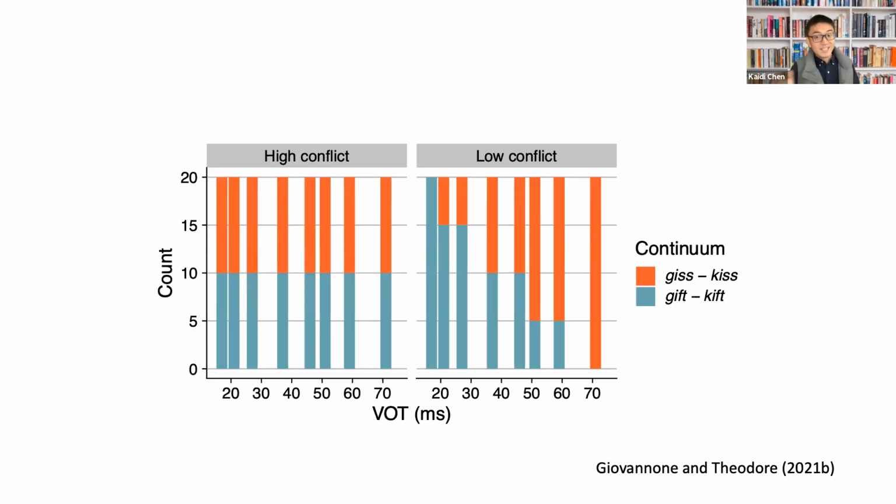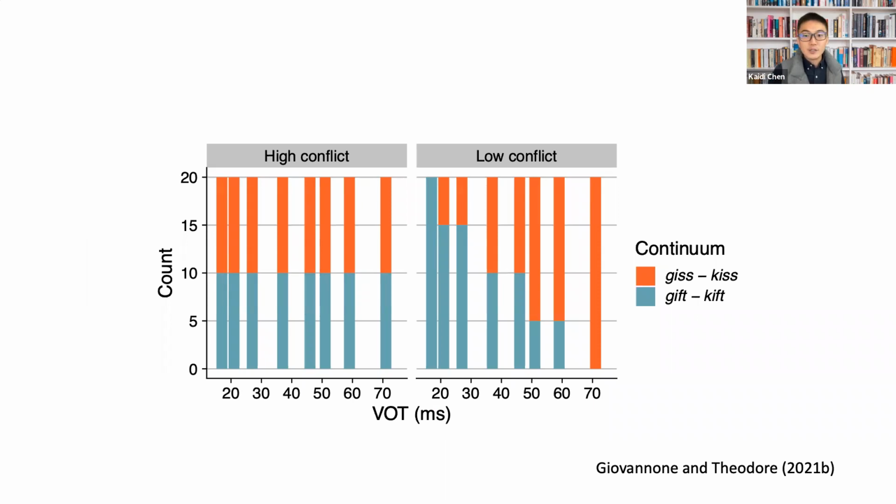One piece of evidence against the post-perceptual decision is this study from our team. In this study, in order to find a conflict effect that comes from online perceptual processing, as opposed to post-perceptual decision, the phonetic and lexical cues were designed to be temporally adjacent.